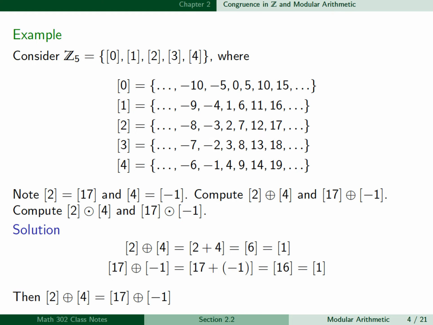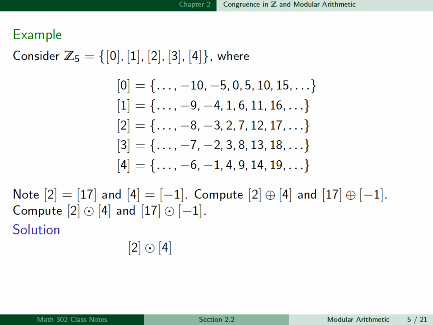And so therefore the class of 2 plus the class of 4 is equal to the class of 17 plus the class of -1. So this seems to show that it doesn't matter whether we use 2 or 17 for the first class, or 4 or -1 for the second class, we obtain the same result for our sum.